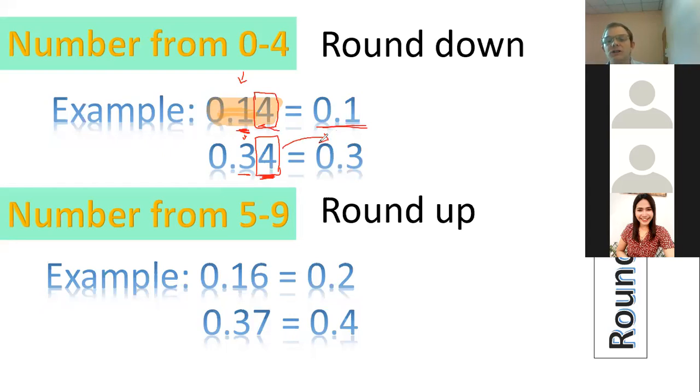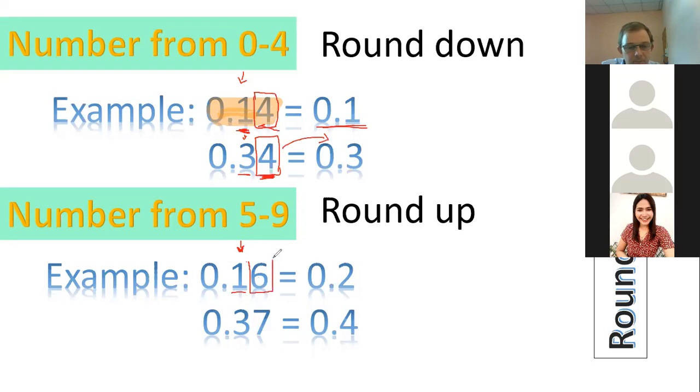Why? Because the number is closer to the next number than the previous one. For the first example here, I have a 1 as the first. We have to round to the nearest tenth, which is 1 decimal place. So we look at our number to the right.